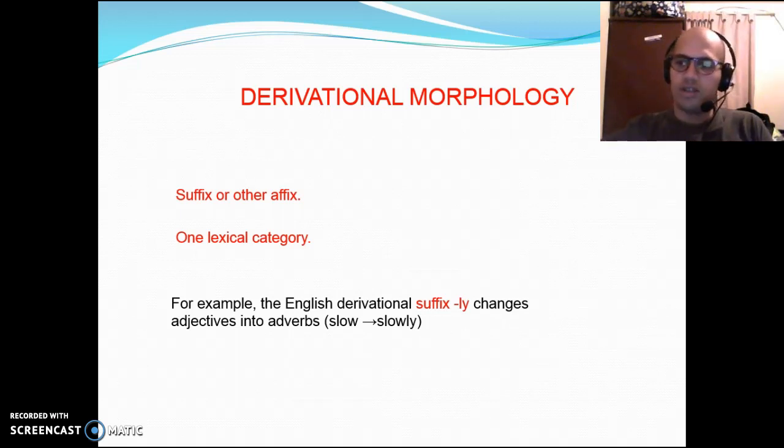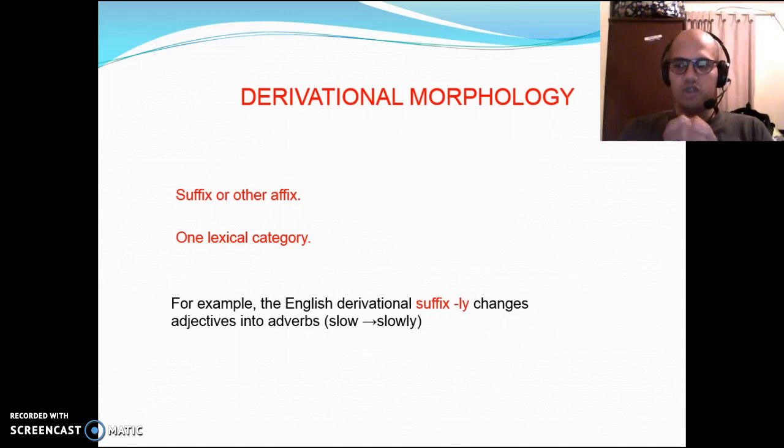Derivation morphology. Okay. Derivation morphology often involves the addition of a derivational suffix or other affix.